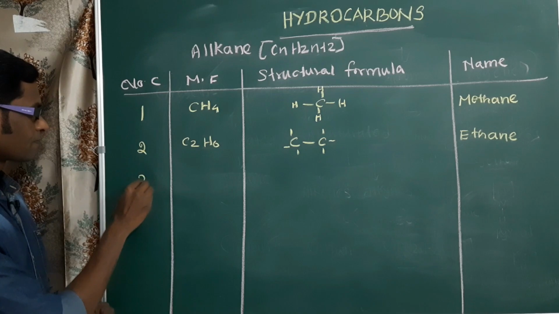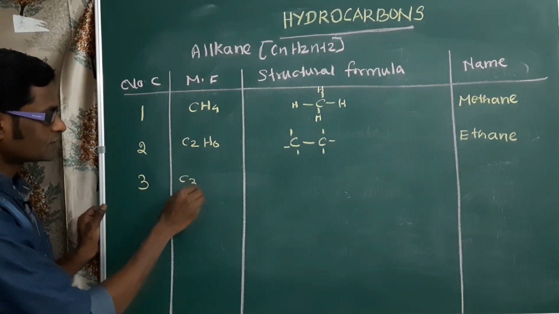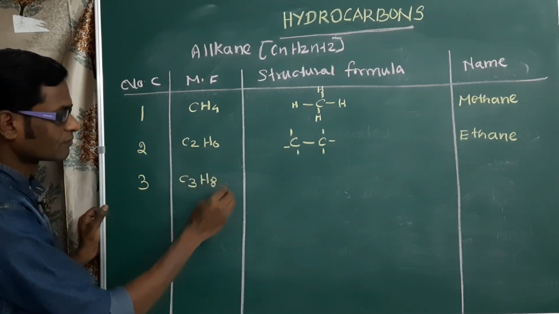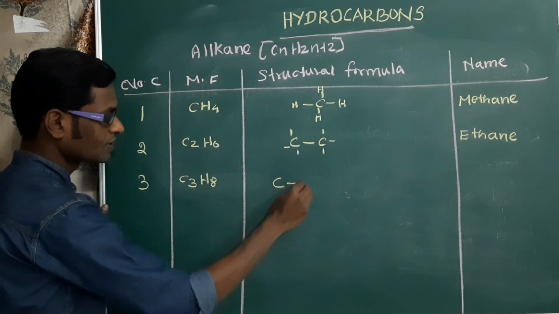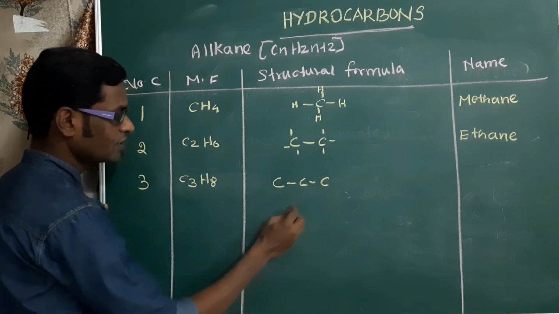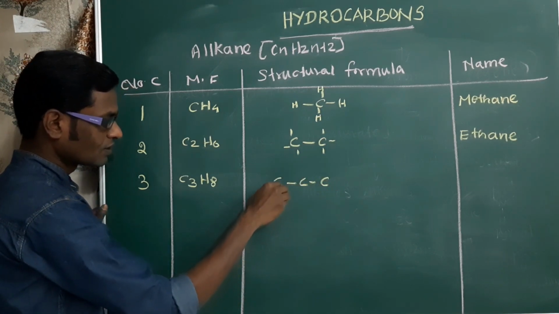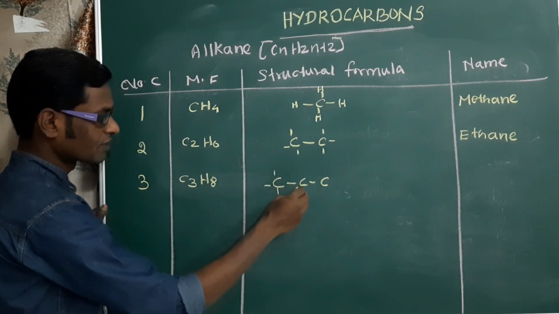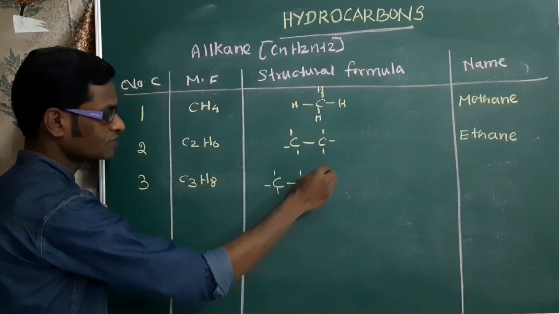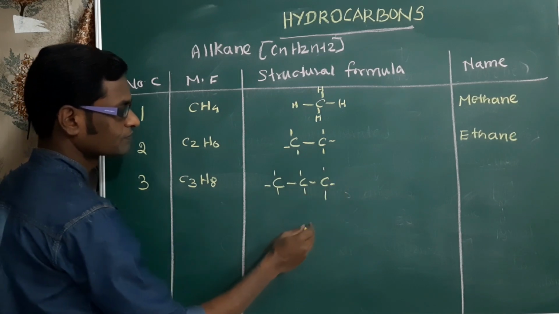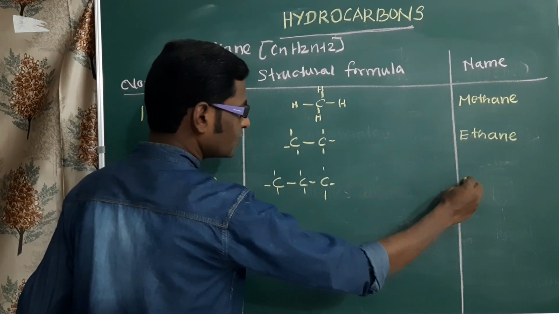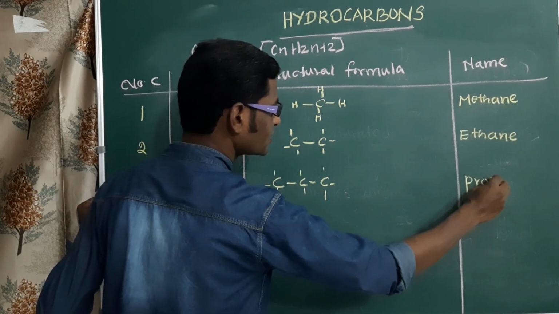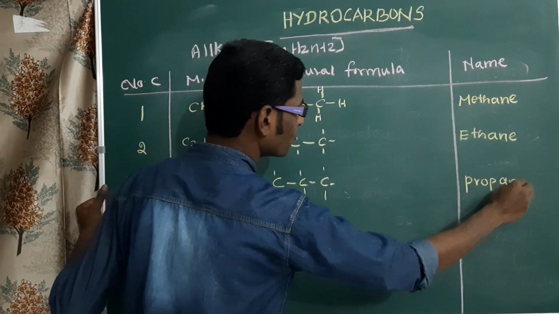Carbon number 3, molecular formula C3H8. Structural formula: in the skeletal structure 3 carbons are there. The terminal carbons require 3 hydrogen atoms each, the middle carbon only 2 hydrogen atoms. If carbon number is 3, root word prop, suffix ane, name of the compound propane.